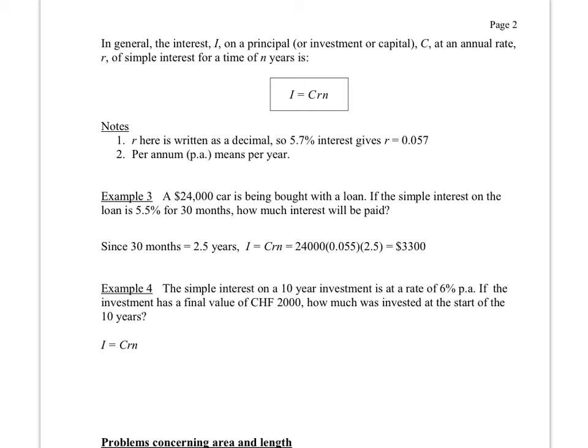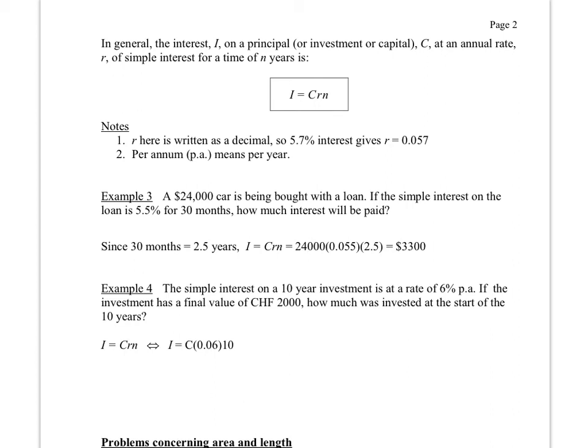But the first thing we can do is get an expression for the interest. The interest is going to be equal to the original amount, C, times 6%, which is 0.06 as a decimal, times 10, the number of years.